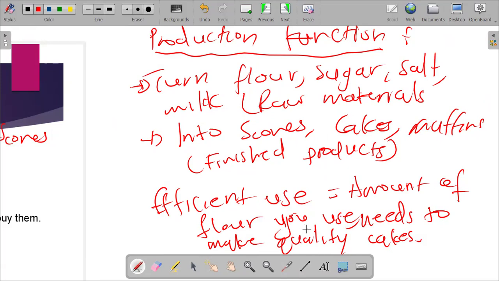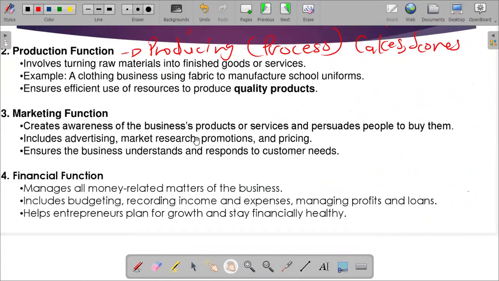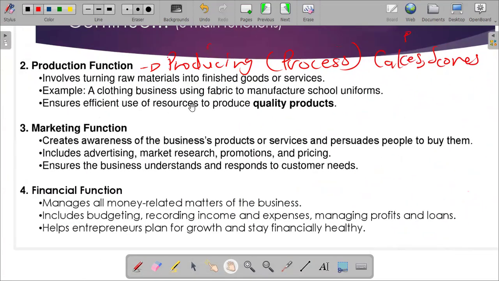The amount of flour you use needs to make quality cakes. So that's what it essentially says. You need to ensure that you use your raw materials to your best advantage so that you can make quality products.